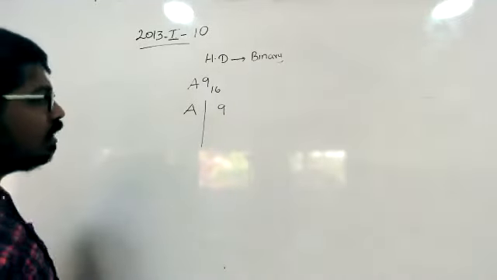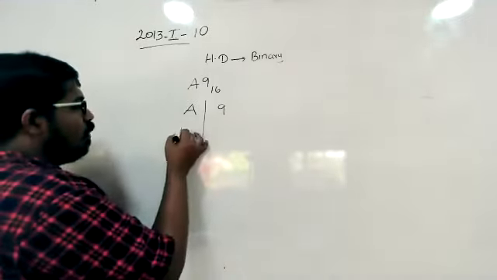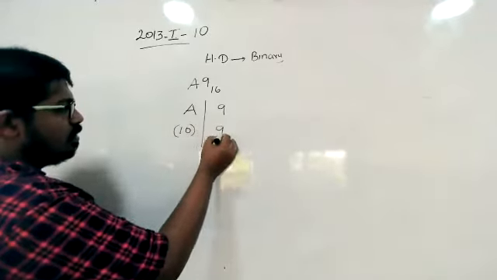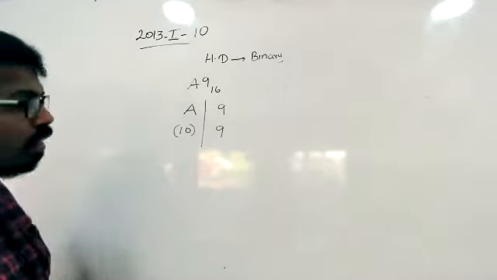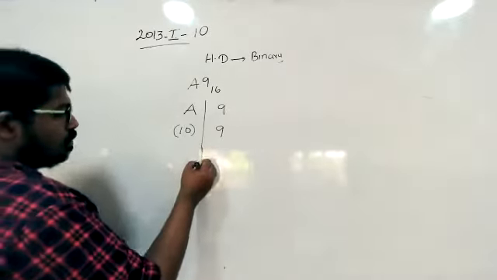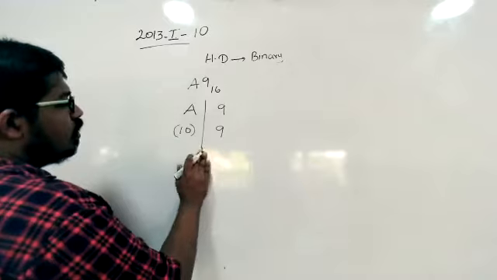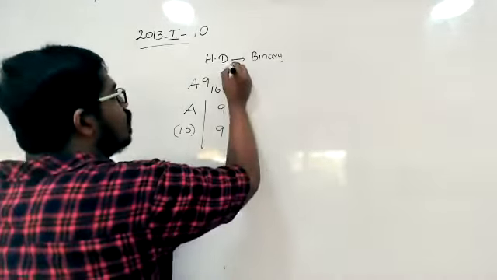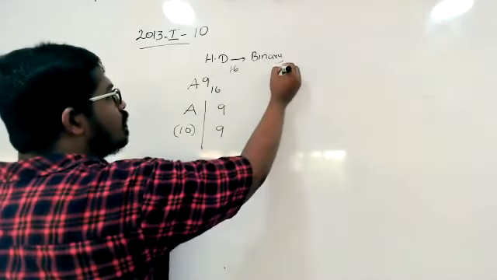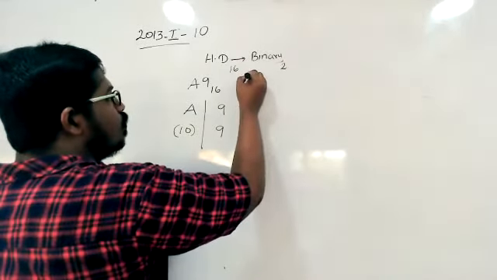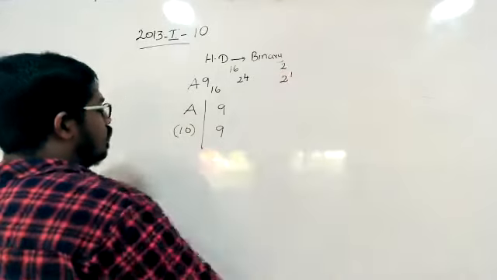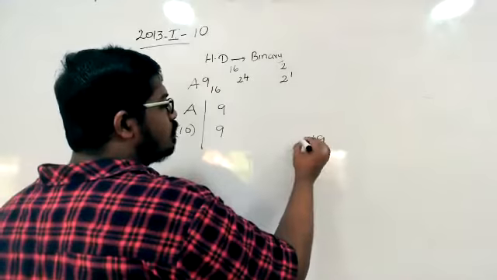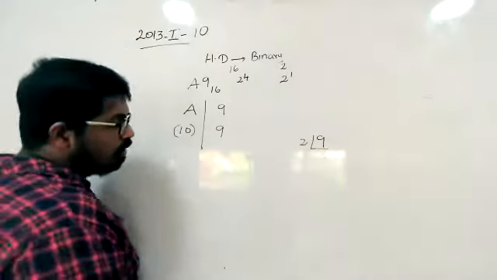A will be equal to 10 and the other is 9. Right? So here you have to get the 4 digits binary number. Why? Hexadecimal is 16, which is 2 to the power 4, and binary is 2 to the power 1. So we have to convert number 9 into a 4 digit binary number.